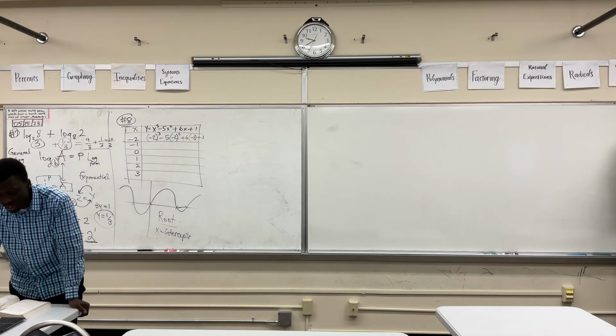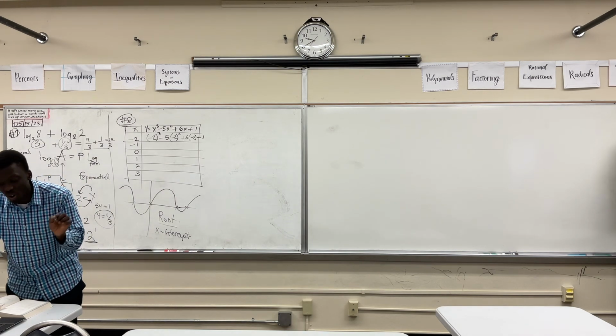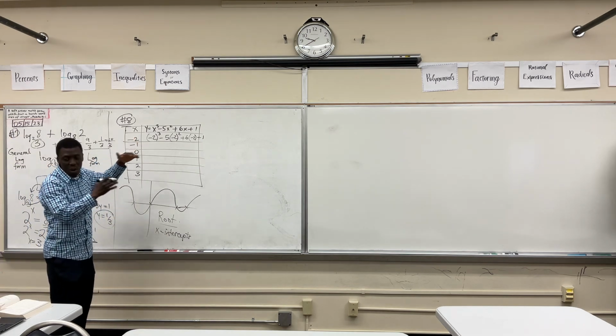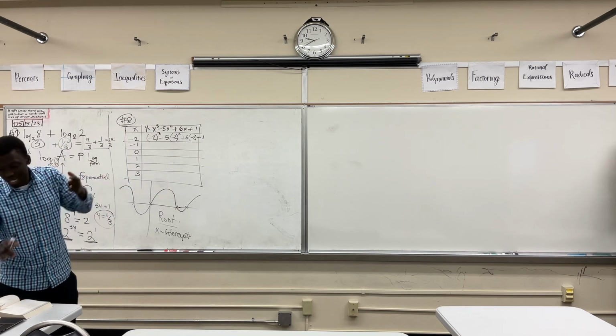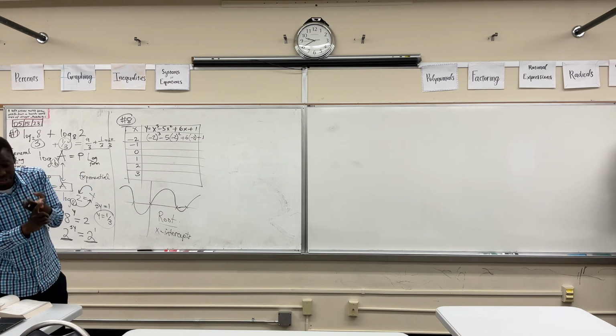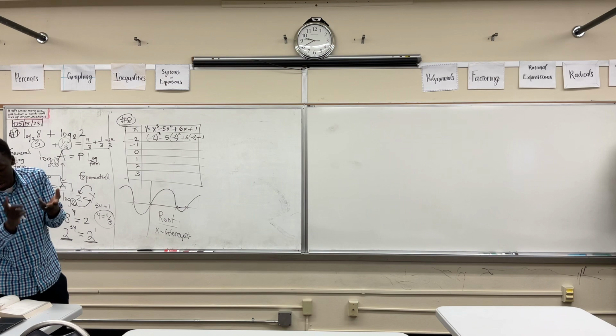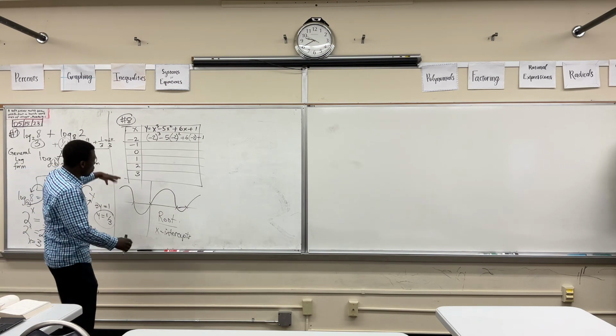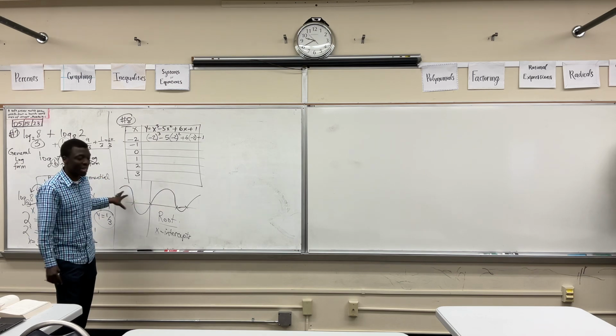It says the function must have a root between which of the following values: between -2 and -1, between -1 and 0, between 0 and 1, between 1 and 2, or between 2 and 3. So where does the root happen?